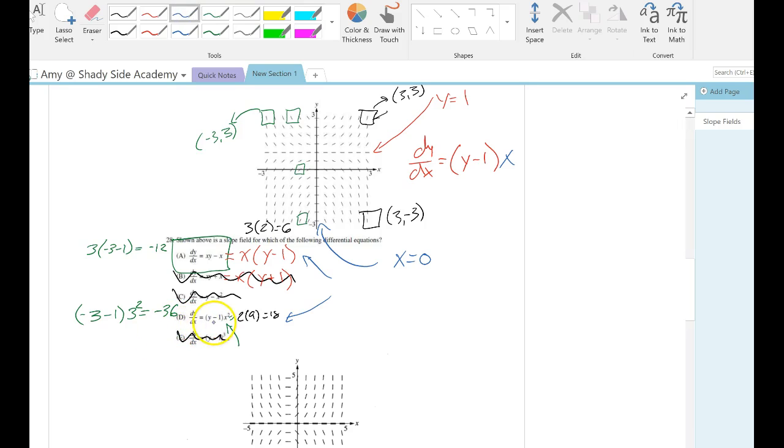If I plug in (-3, 3) here, that is 3 minus 1, and then -3 squared. So 2 times 9, that's 18. Now I don't have a positive slope here. I have a negative slope, so that essentially eliminated D for us. So our choice is still going to be A.